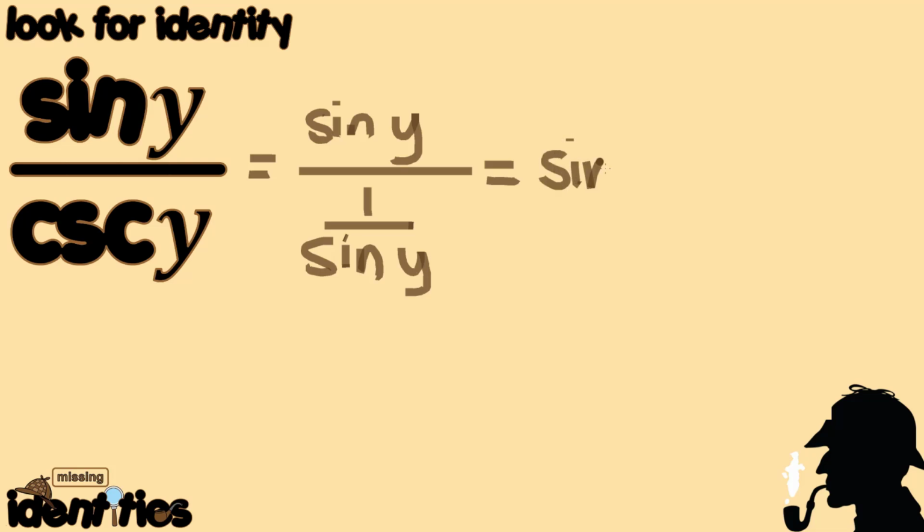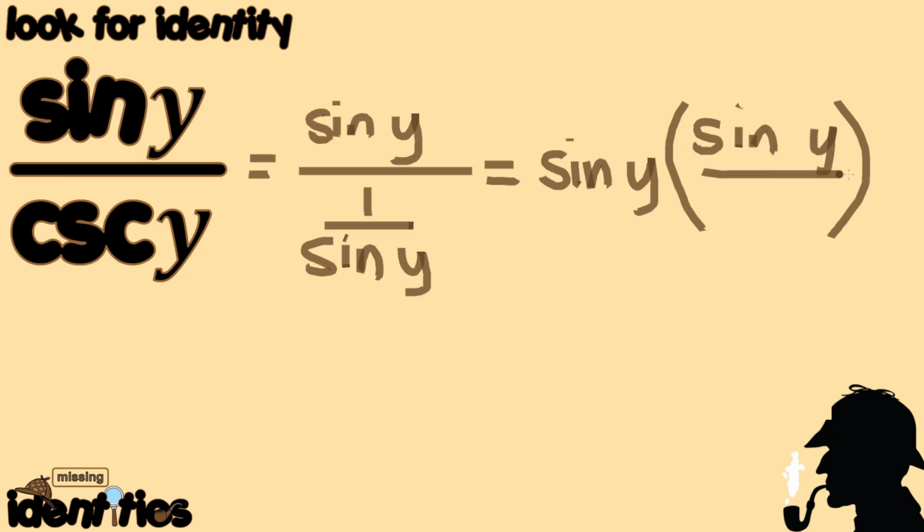Instead of division, we change the operation to multiplication and we reciprocate, we flip our denominator. Instead of 1 over sine y under division, since we change the operation into multiplication, this would be reciprocated. This means this will become sine y over 1.